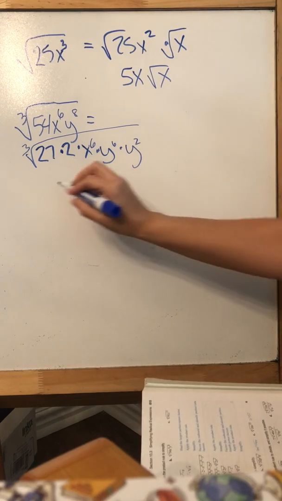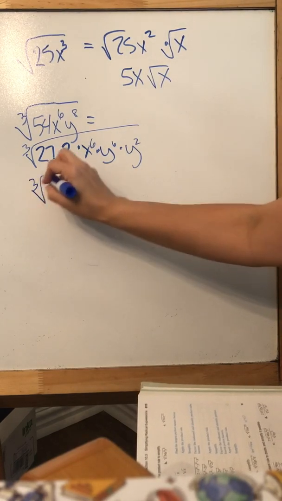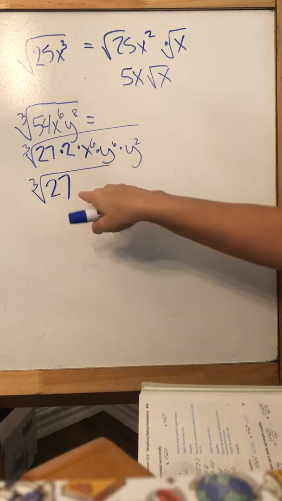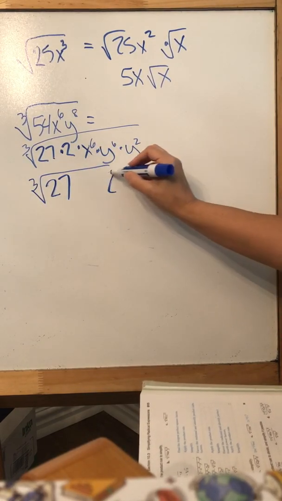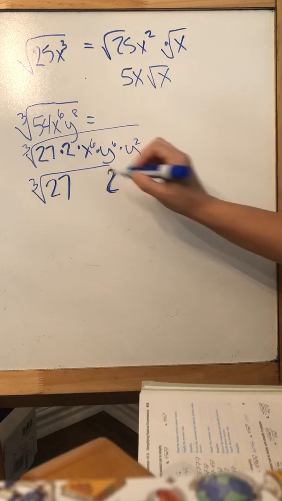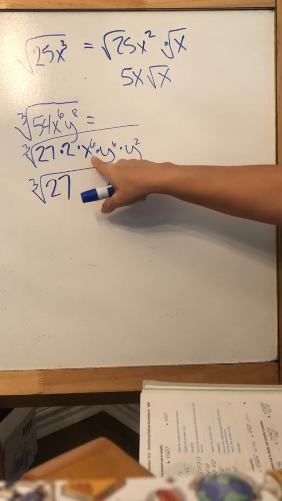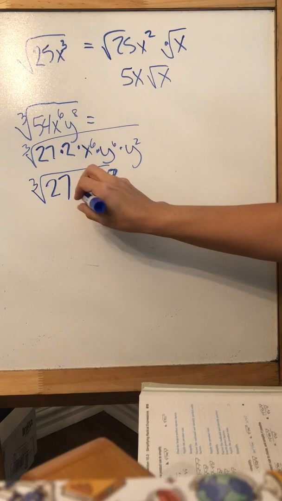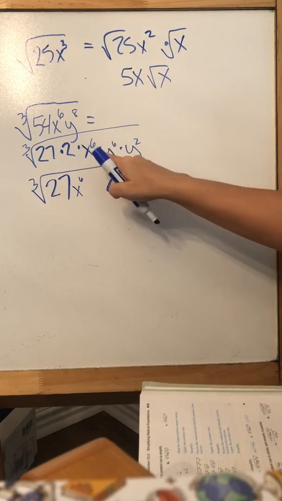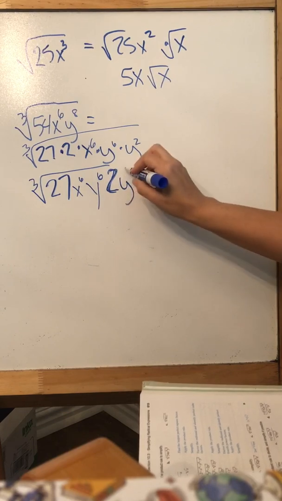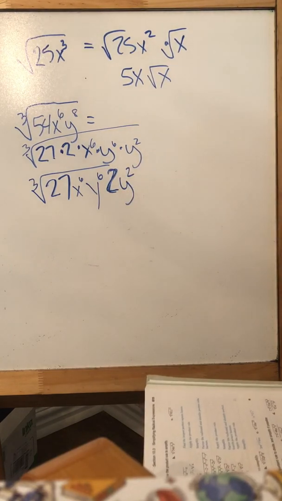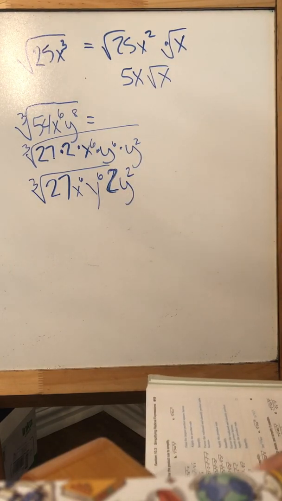So let's rewrite it into cube root 27, because it's a perfect cube. 2 is not. We're going to put it over here. Okay. X to the 6th, yes. Y to the 6th, yes. And y squared is going to go over here with the 2, because it is not a perfect cube.